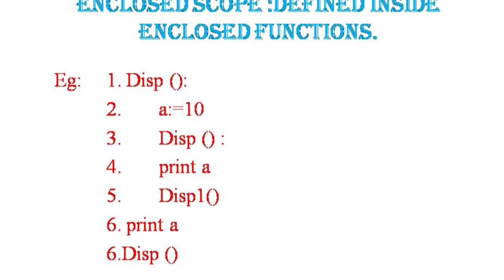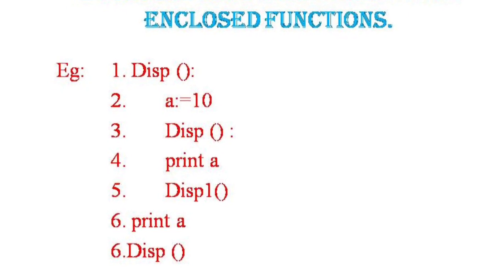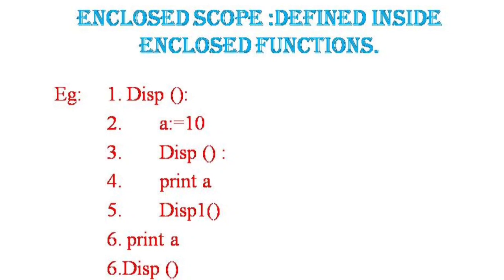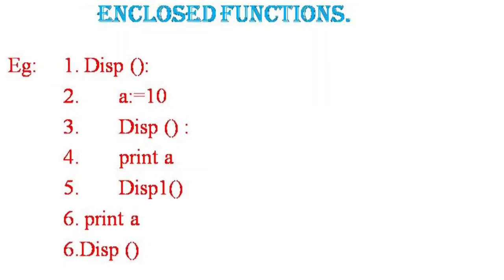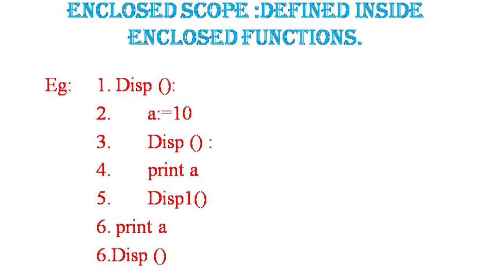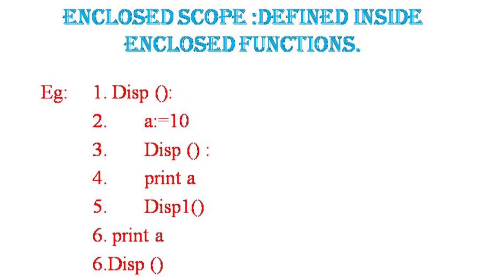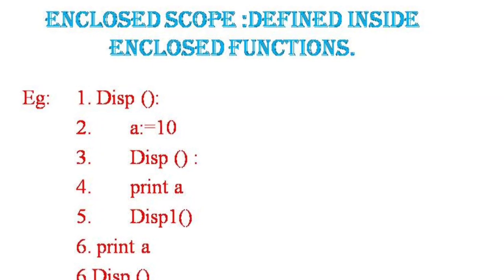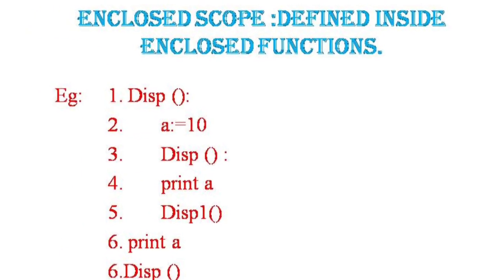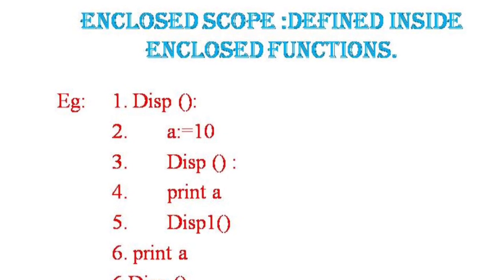Next one is the enclosed function. Enclosed is nothing but a variable declared in a nested function. Nested means more than one function used in the same program. Now see this example. We have the disp function and the disp1 function which is nested inside that function.